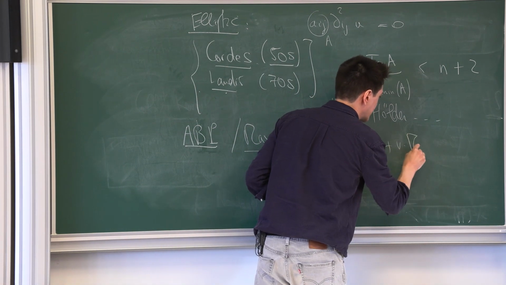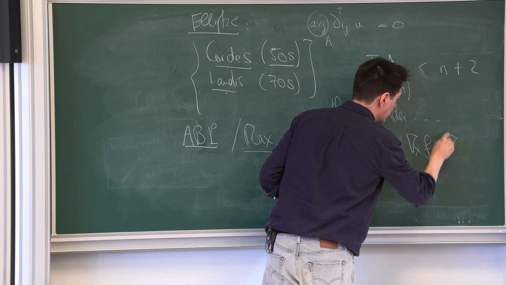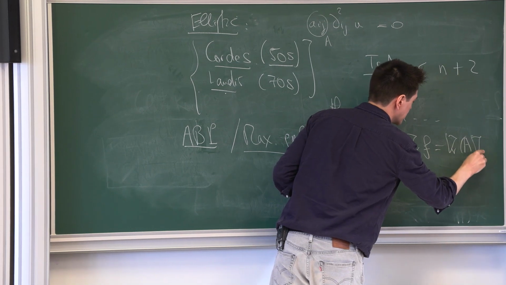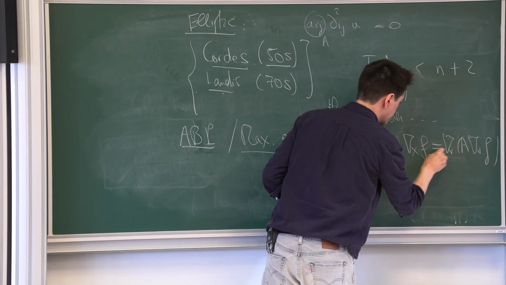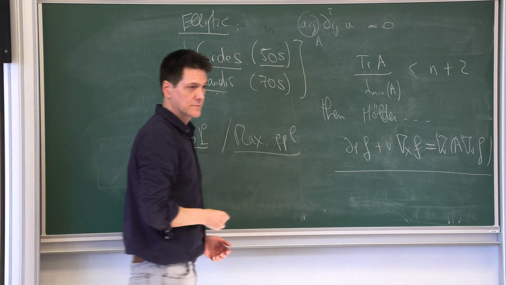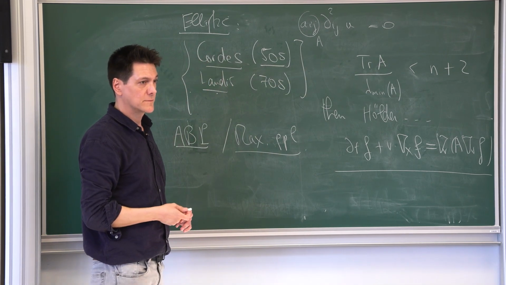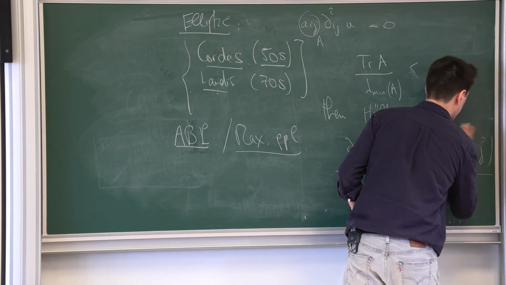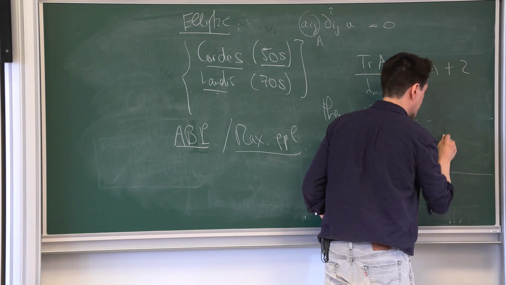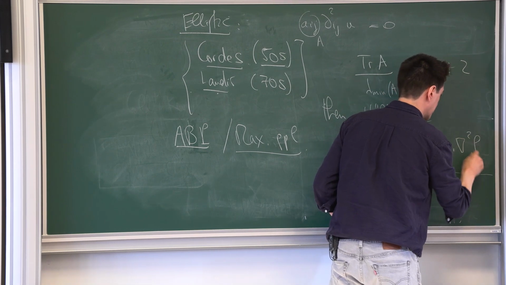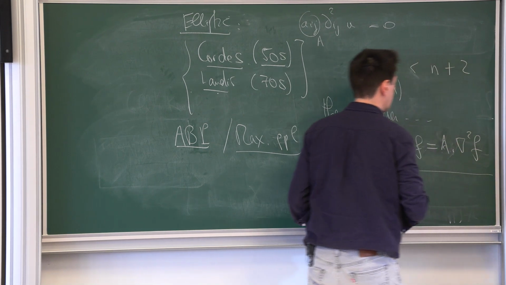So you would like to extend it to something of that form. Well, I suppose with the A outside, no? Oh, sorry, of course, sorry, the A outside, yeah. Of course, sorry. Yeah, the A like that.